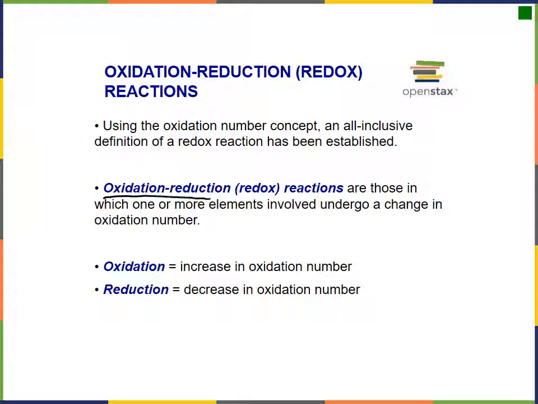So redox reactions are a combination of oxidation and reduction. When we have oxidation, we have an increase in oxidation number. So what might that mean? Well, if aluminum is being oxidized and it's going from Al into Al3+, and it's going to lose 3 electrons, we know oxidation is also loss.